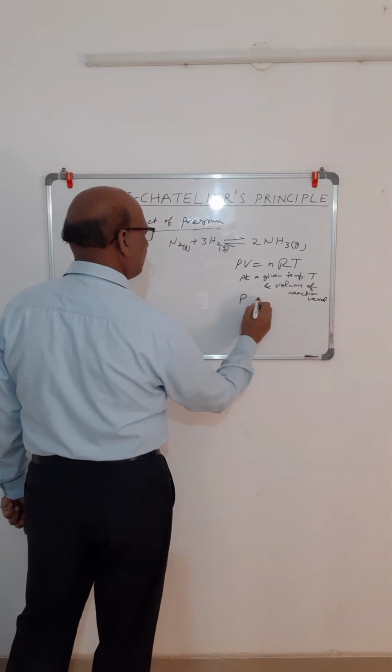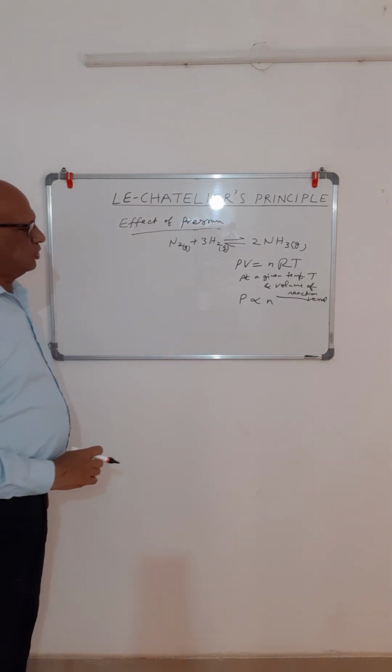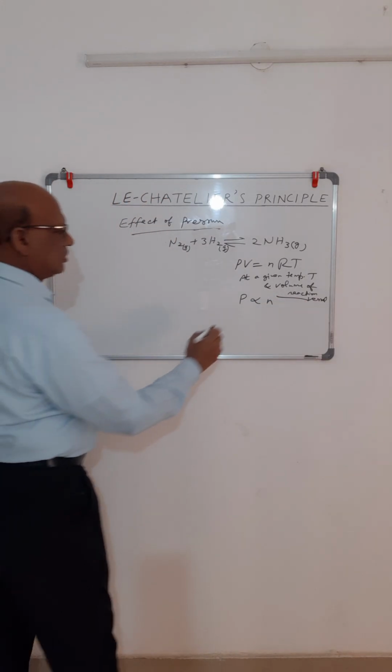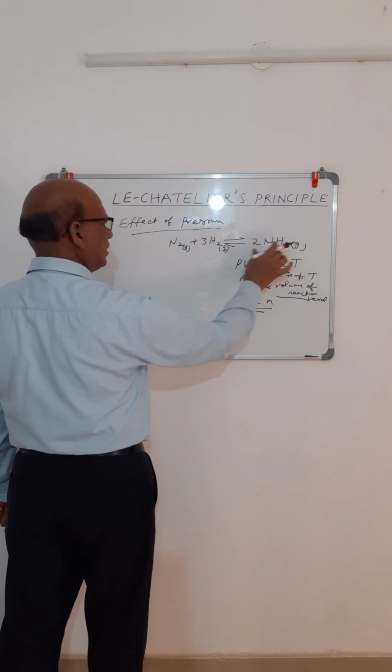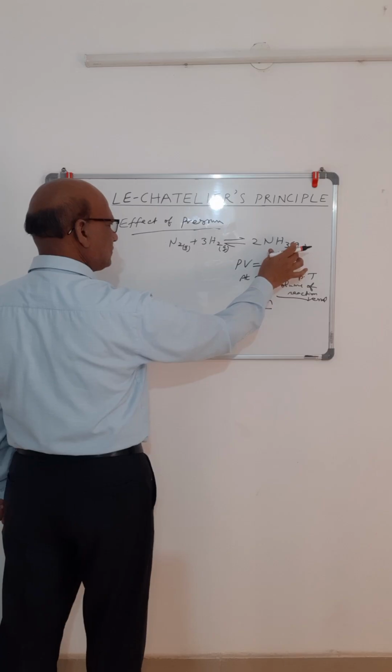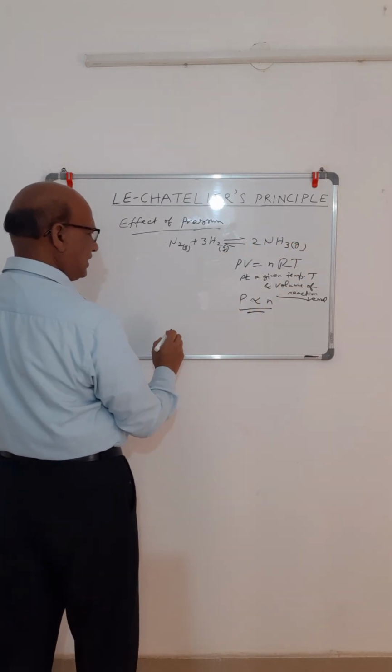So we can say that P is proportional to n. Now we see that the number of moles is getting reduced in the forward direction. That means pressure will also get reduced in the forward direction.